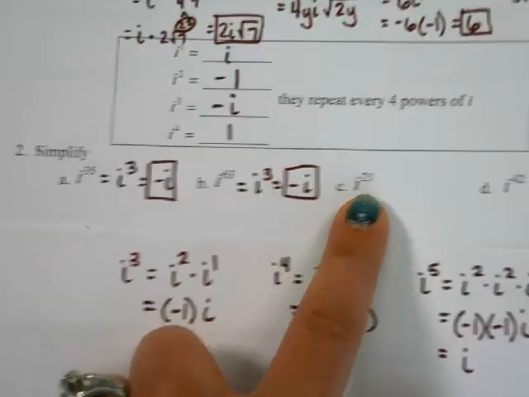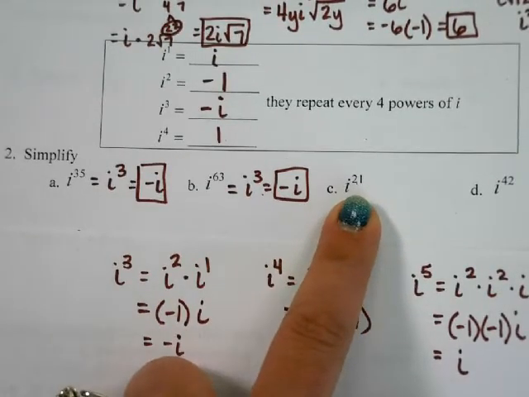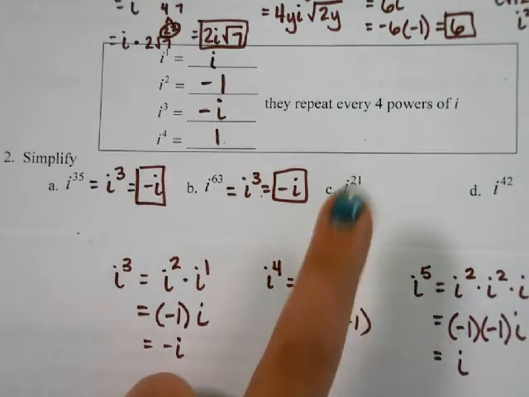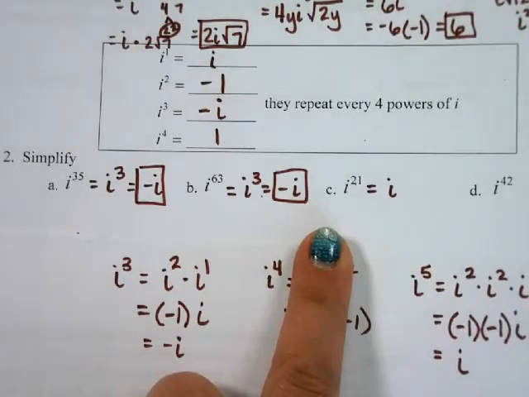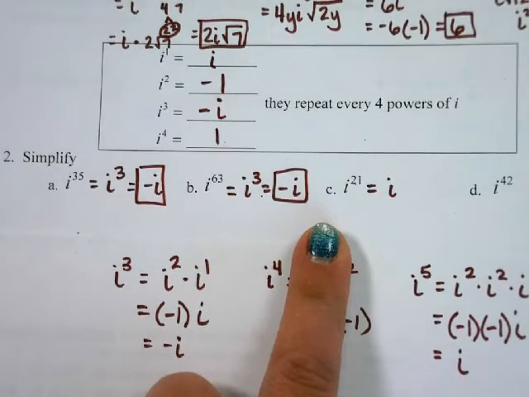Okay, 21. Is 21 divisible by 4? Is 20 divisible by 4? Yes, so I went backwards once, so this guy is i to the 1st, or just i.